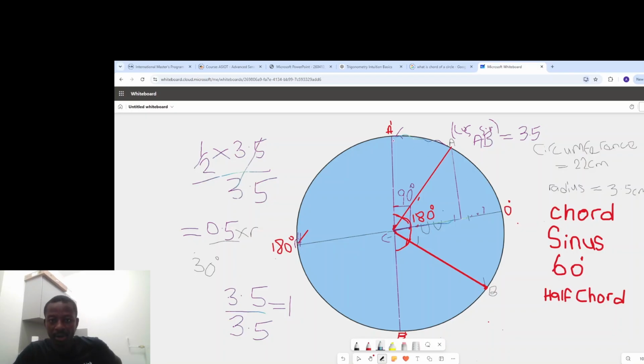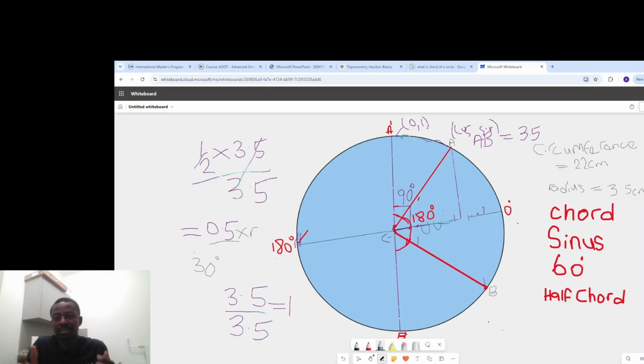Then at this point, if you were to use linear algebra, if you're going to use a linear graph, it will be 0, 1, because there's nothing on the x-axis, it's completely on the y-axis.